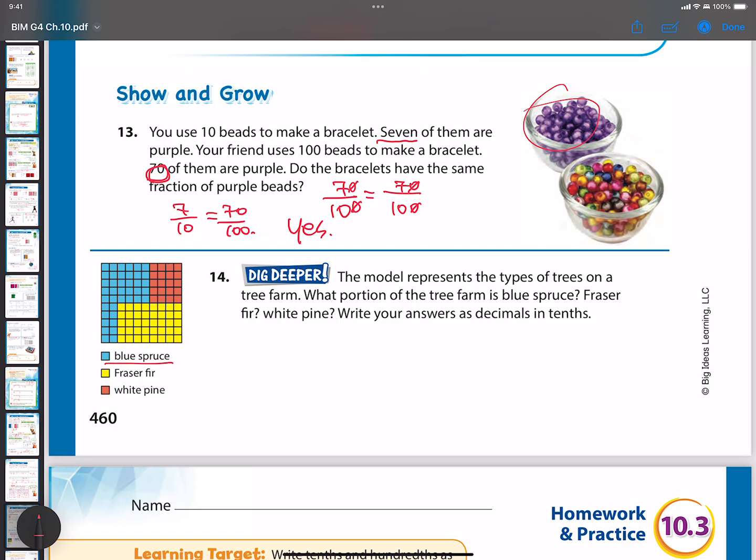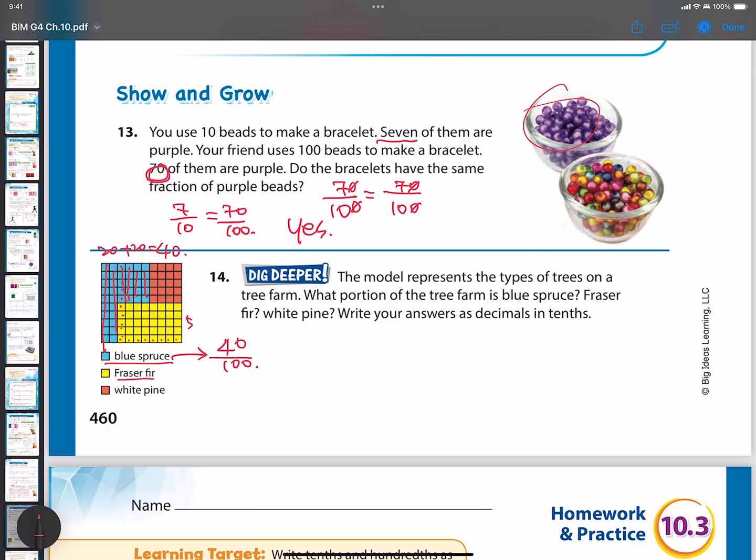Blue spruce. Let's count. This is 20, plus 1, 2, 3, 4, 5, and 10, 20. So 20 plus 20 is 40. So blue spruce is 40 out of 100, right? And then let's count for the Fraser fir. 1, 2, 3, 4, 5 of what? 1, 2, 3, 4, 5, 6, 7, 8.